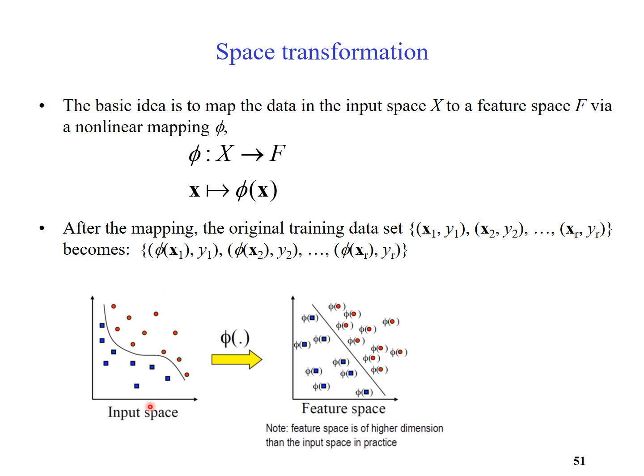Here in the input space, we have data that is nonlinear. The feature space is a higher dimension, and every data point is mapped to it using the pi mapping. In higher dimension, we most likely can find a linear line here. So there is a mapping from input space to feature space.